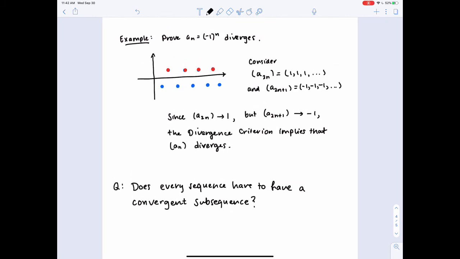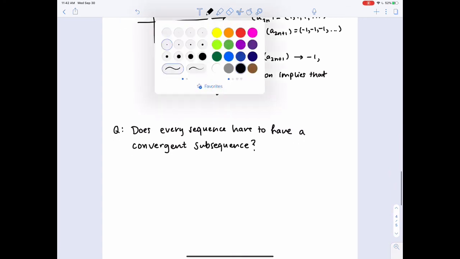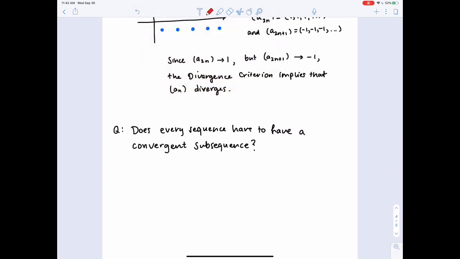We just took a look at one of them, (-1)^n, and we found that it had two convergent subsequences. It actually has infinitely many if you are clever about how you pull your terms. But that leaves one other prototypical sequence to consider, the sequence a_n equals n.